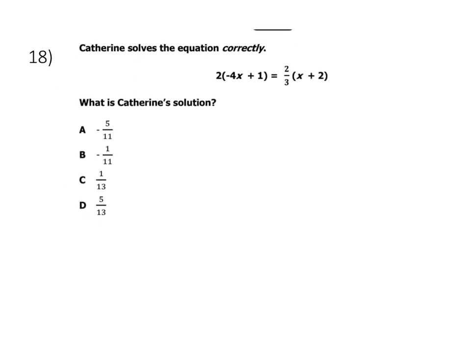Number 18, Catherine solves the equation correctly. 2x times negative 4x plus 1 equals 2/3 times x plus 2. What is Catherine's solution?